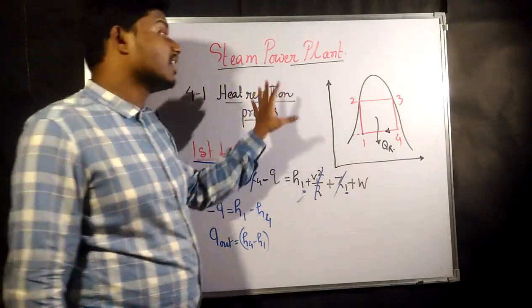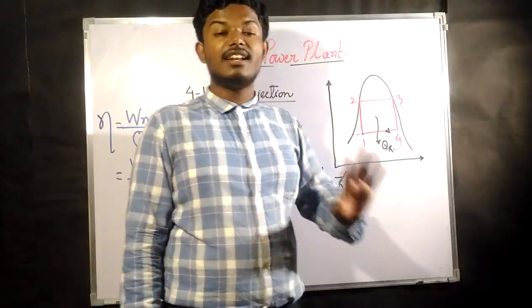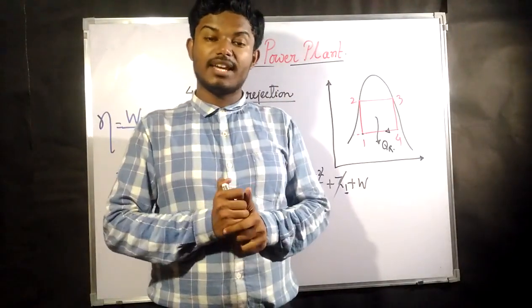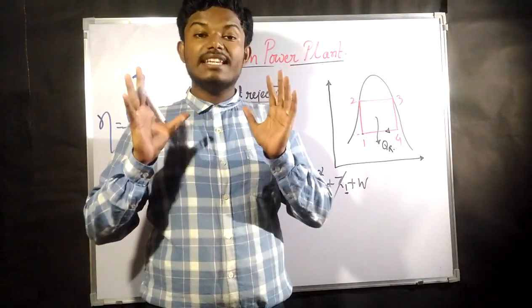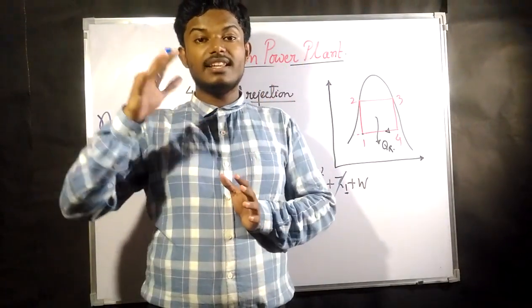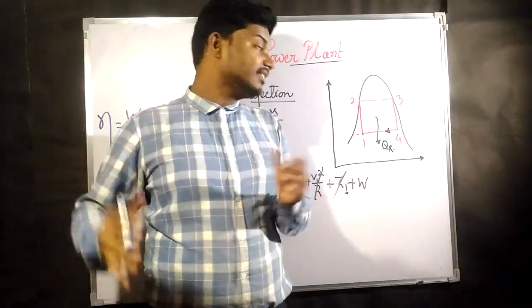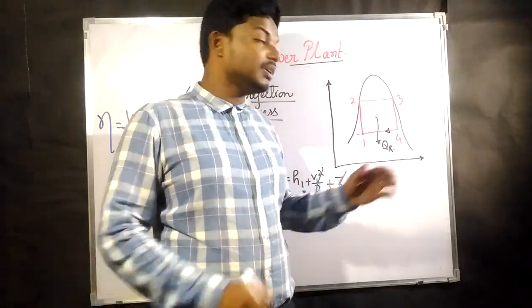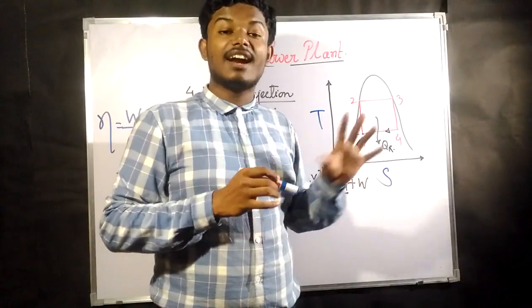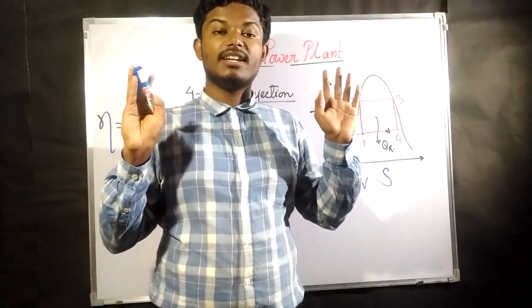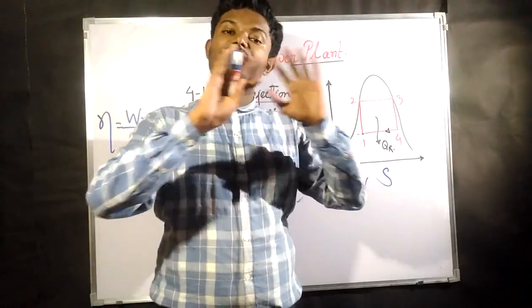Now this is generally not used in practical cases. In practical cases the Carnot steam power plant is not used. We are considering this because the Carnot cycle is the ideal cycle for every other cycle.